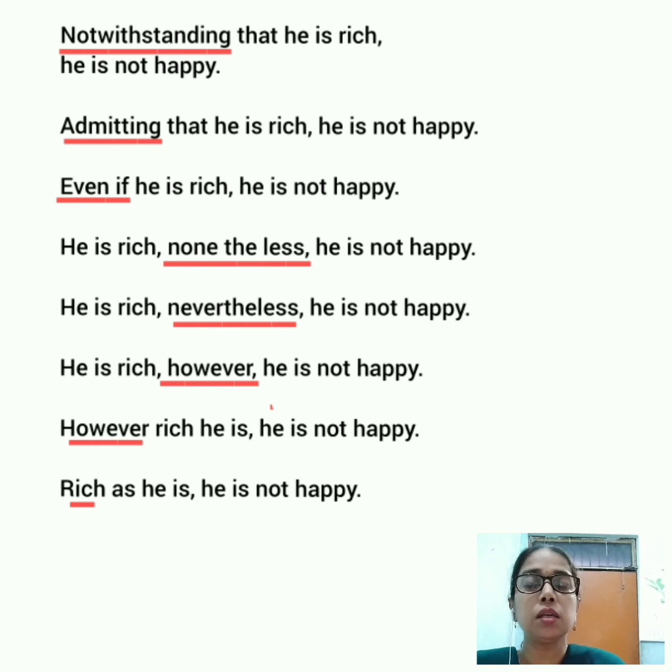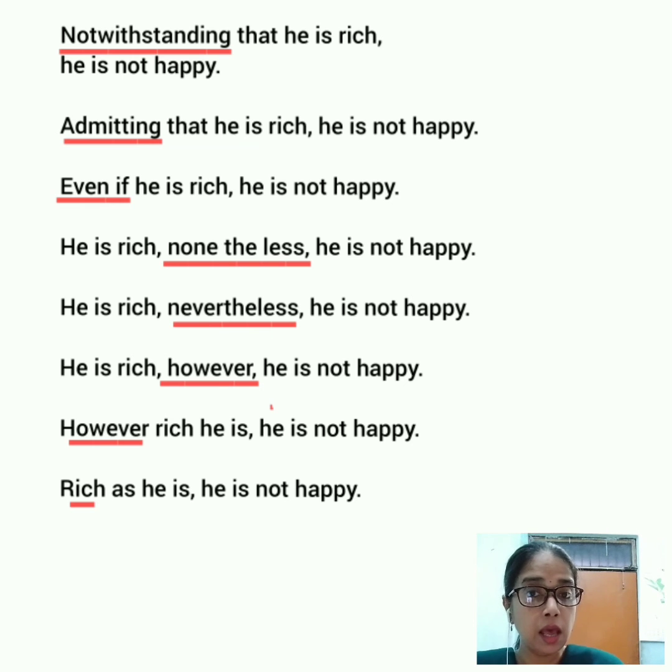It remains the same. Then by removing however, also you can write the same sentence as like in the last example. I have started with the adjective there, rich. Rich as he is, comma, he is not happy. So here also be careful, children, when you are starting with the adjective, how you have to write the first clause.